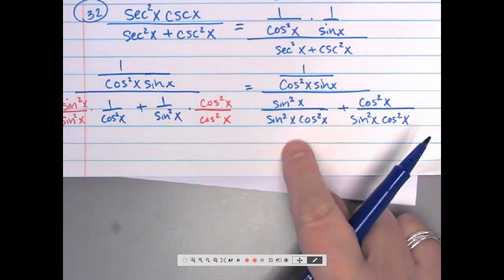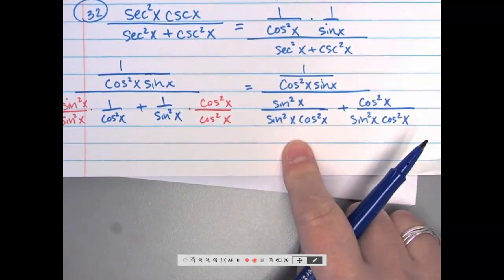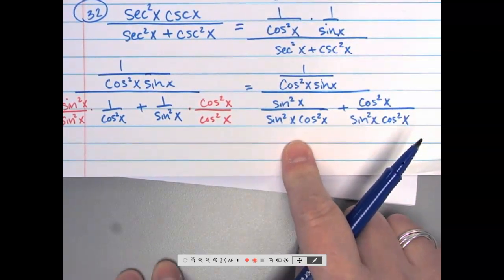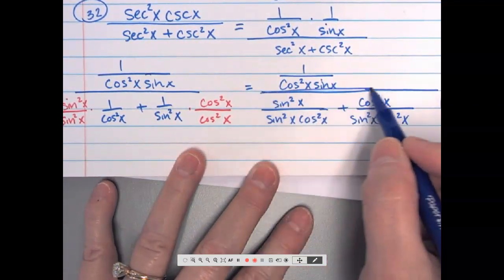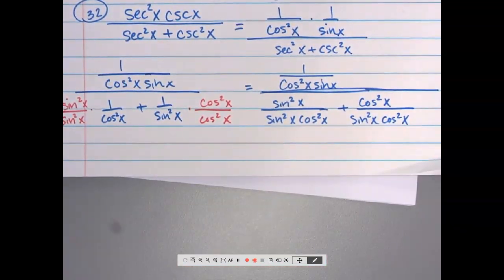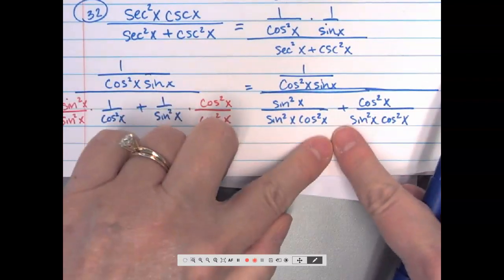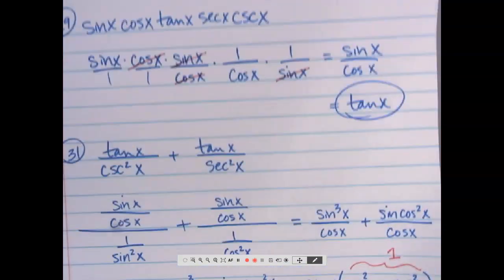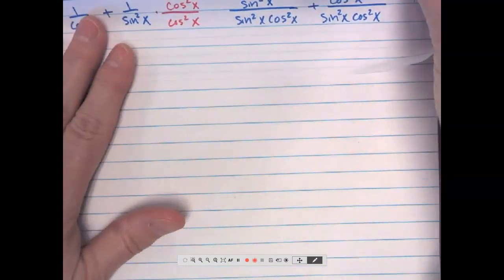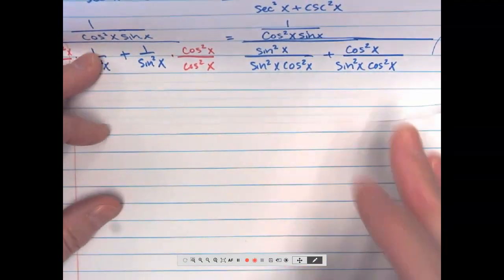Now, is sine squared cosine squared 1? Not if it's multiplied, right? Just if it's added. So all I can do so far, go to a new page, is combine these together into one fraction because they do have common denominators. So that will look like this.